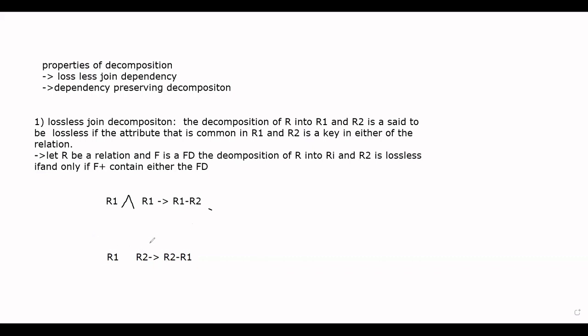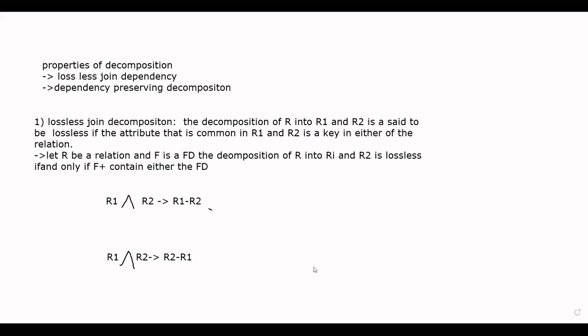In the first case it is R1 intersection R2, and in the second case it is R2 intersection R1 or R1 intersection R2, same. I think the formula should be changed: R1 intersection R2 tends to R2 minus R1.